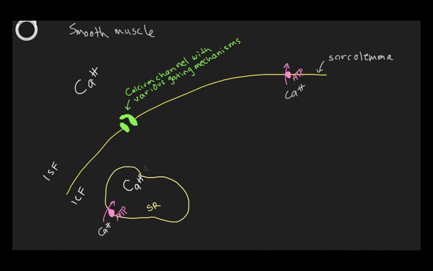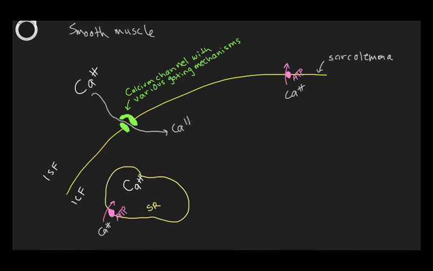Okay, let's start with something coming along and opening this calcium channel, and let's pretend it's a mechanically gated calcium channel, so some stretch. So maybe we're in a blood vessel or the bladder, and it opened and calcium entered.